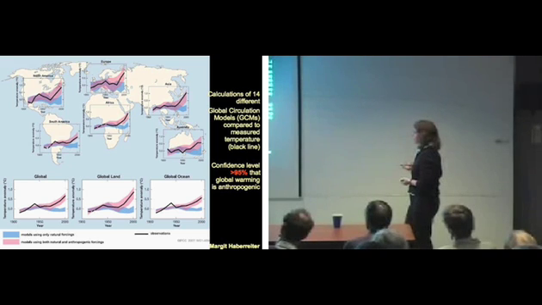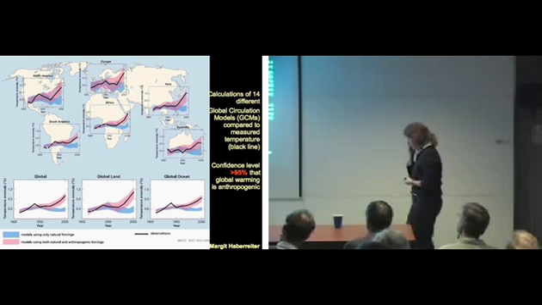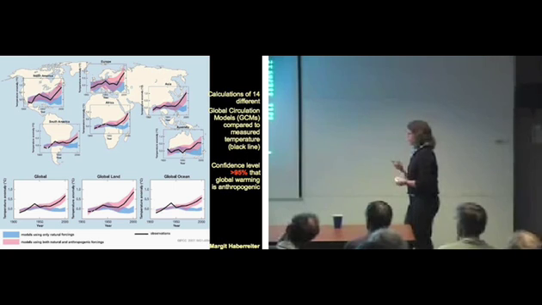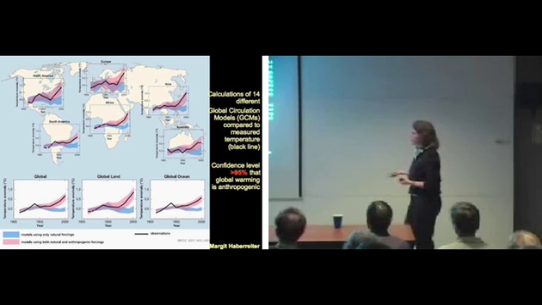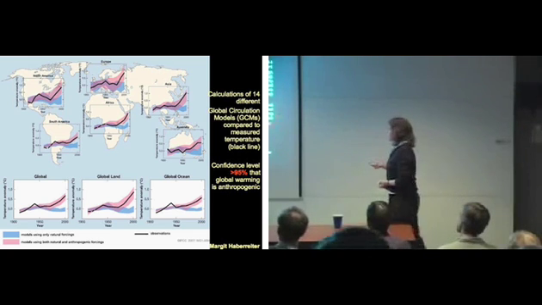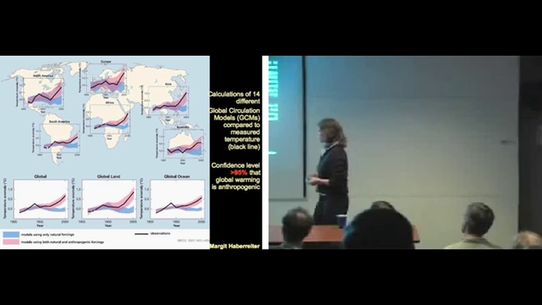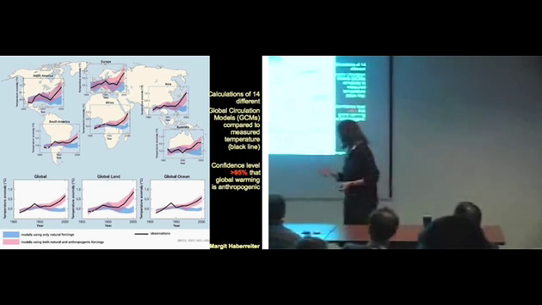And as you see, all the blue curves miss the observation. I mean, they cannot reproduce the observations. Only if we use the anthropogenic forcings, that is the greenhouse gases, only then can the observations be reproduced. So the final result of the IPCC report is that the confidence level is higher than 95% that the recent temperature increase is anthropogenic.